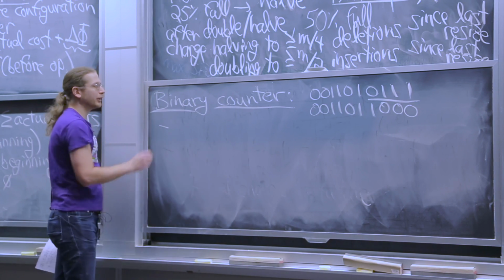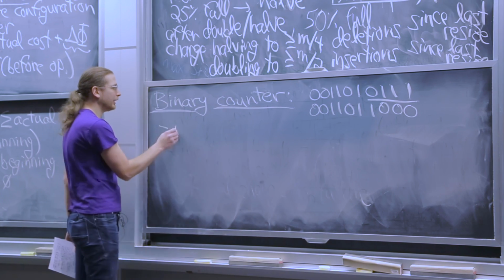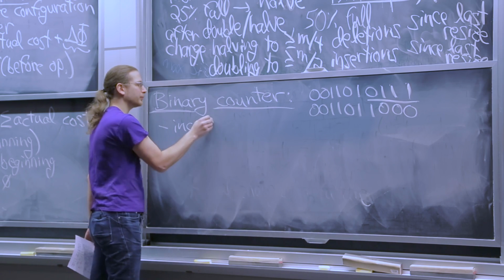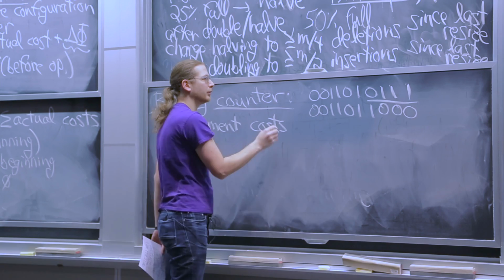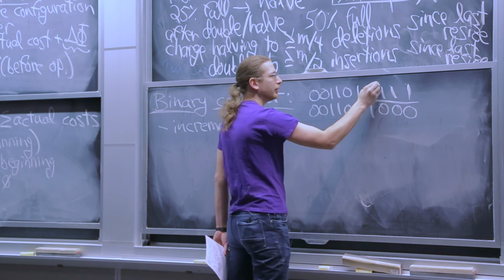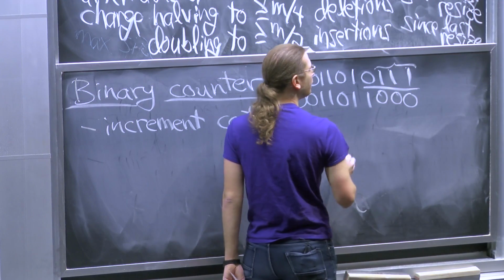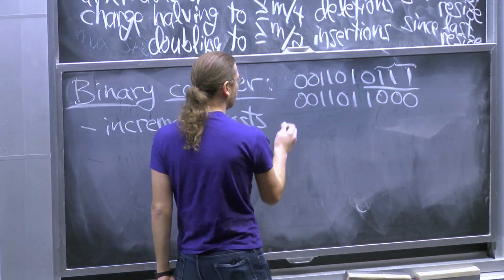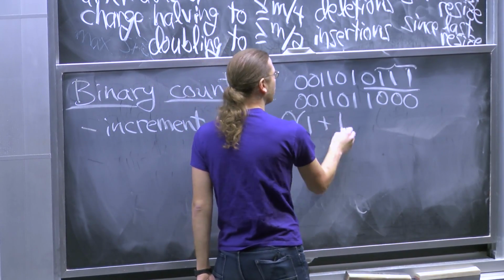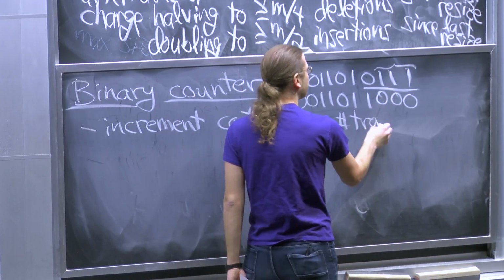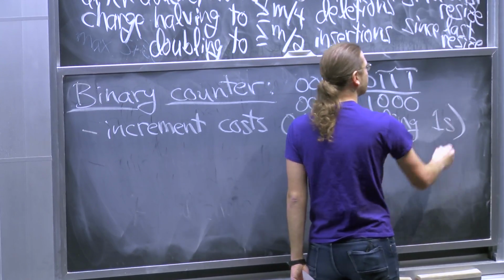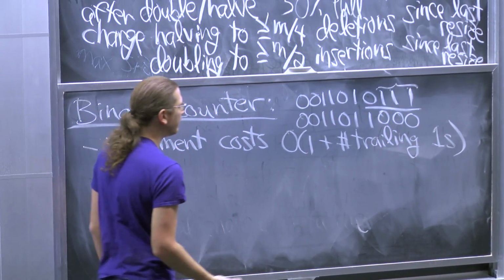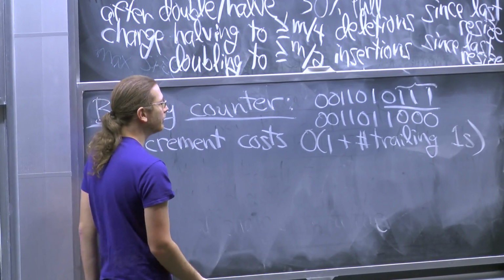And the intuition here is actually pretty easy, because an increment has a very clear cost. It's just the number of trailing ones plus 1. That's what it is in actual cost.